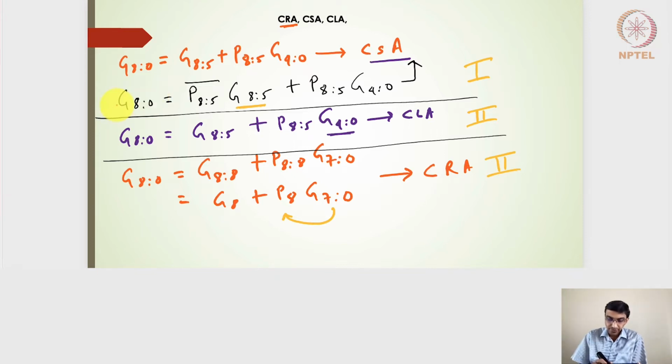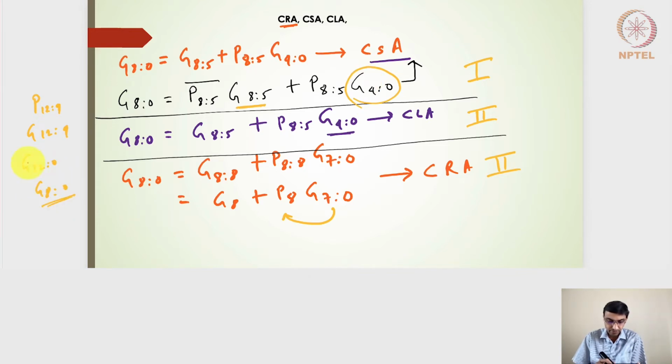Again, G8 is to 0 is generated, but then G12 is to 9, or rather P12 is to 9, if it is 0, then whatever it has created, G12 is to 9, will be passed as G12 is to 0. So it actually skips the evaluation of the carry out here. It actually skips the evaluation of G8 is to 0.